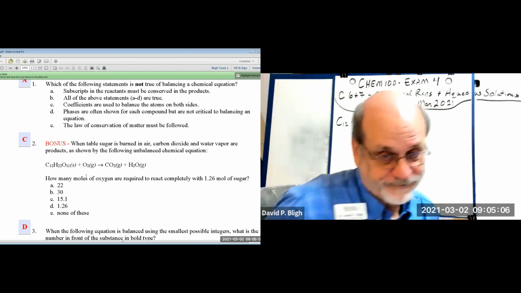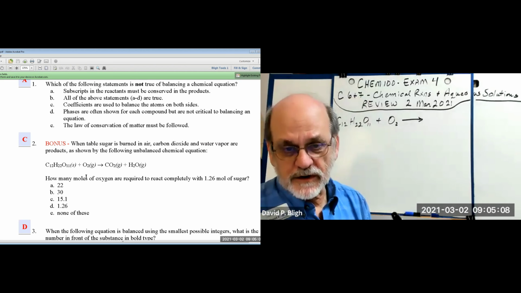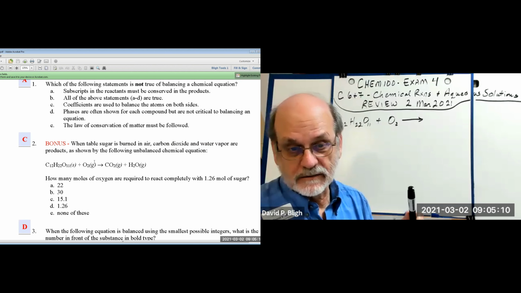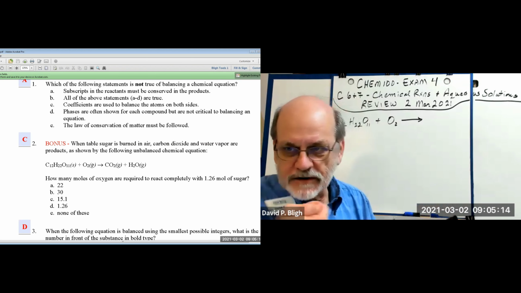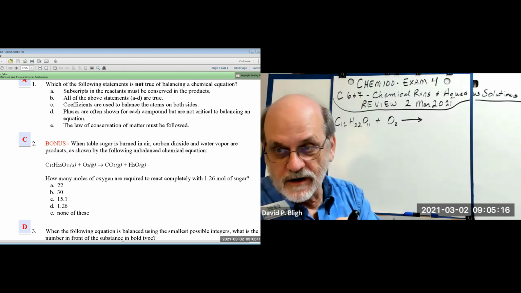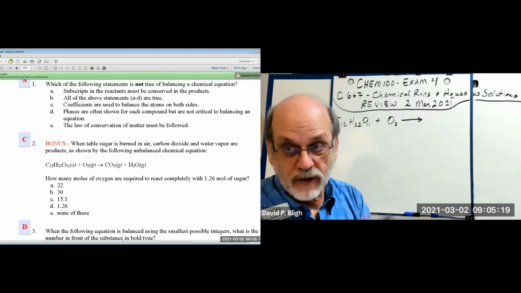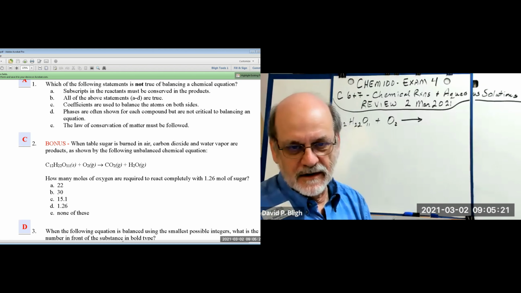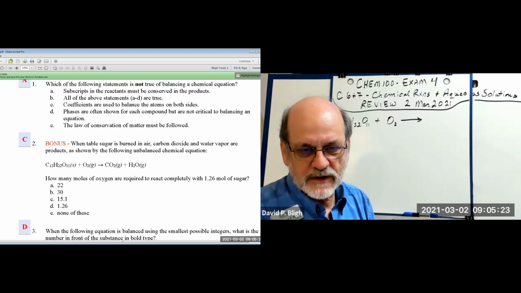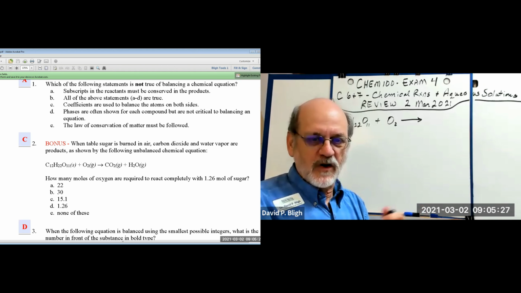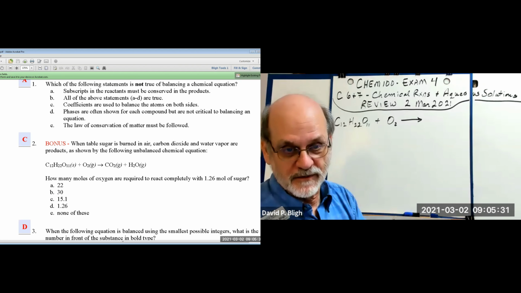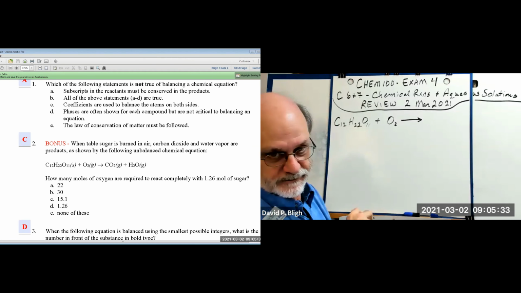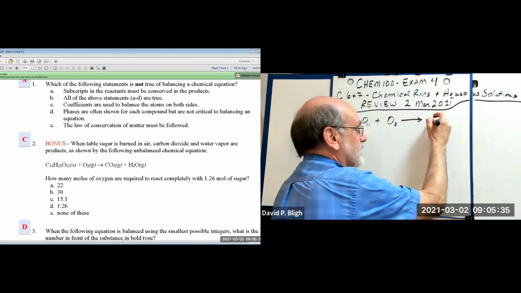Actually, when you eat table sugar, this is the reaction that occurs in your body. The difference is if you have a tablespoon of sugar and you use a lighter and you catch it on fire, it'll burn. But that wouldn't be too healthy for your cells if it released energy that fast. So our cells go through a stepwise process to extract energy from that molecule. The end product is the same.